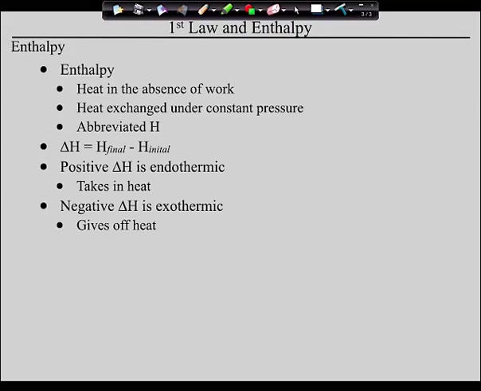When we get rid of work, and when we're only then left with heat, then if we have positive delta H's, meaning that enthalpy is going up, that's endothermic. We're taking in heat in the absence of work. Similarly, if we have negative delta H's, that's exothermic because heat is being given off.